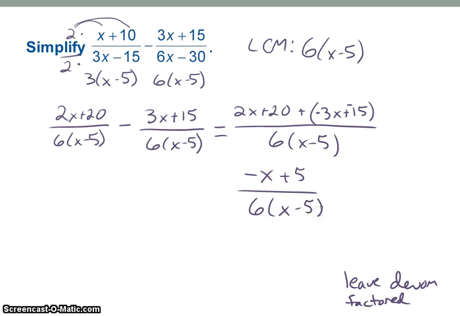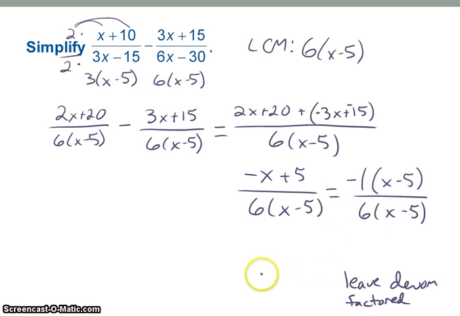Now, similar to how we saw in 8.1, if two things look really similar, and I could factor something out to make them the same, I will do so. So I see these are pretty similar. This is essentially 5 minus x, and this is x minus 5. If I factor out a negative 1 out of my numerator, I do end up with that x minus 5.